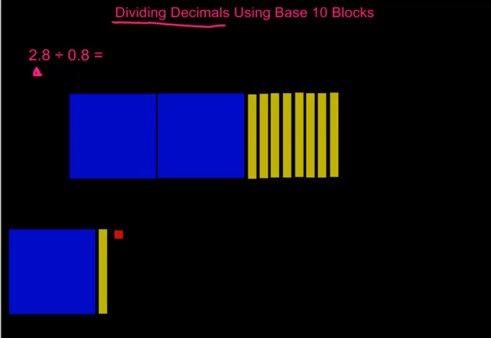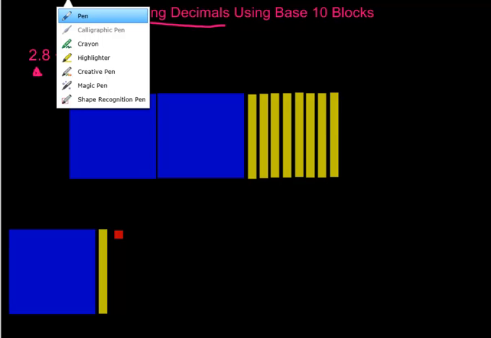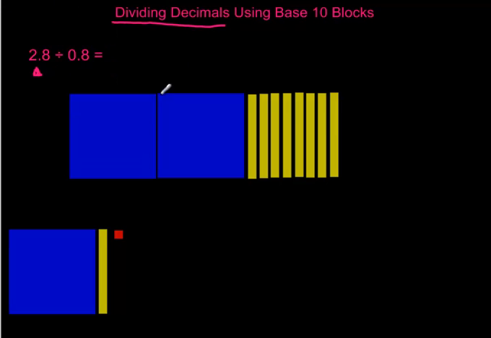The first thing we have to do, once we have our base 10 blocks built with the first part of the division question, is exchange these whole blocks for the point ones.